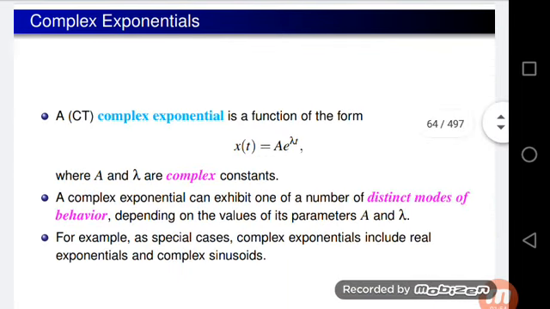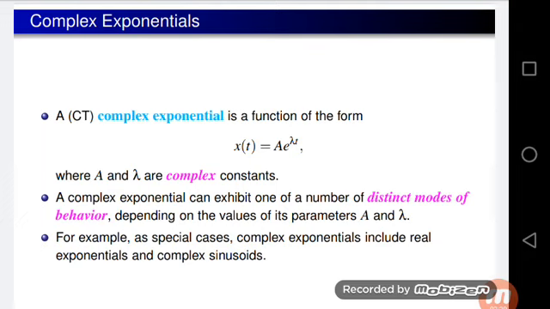Next topic is complex exponentials. A continuous time complex exponential is a function of the form x of t equal to A e power lambda t, where A and lambda are complex constants.